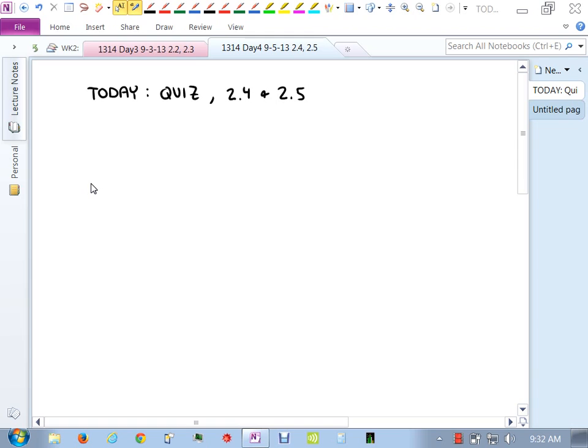So please just get out a sheet of paper. You can have a calculator. And that's it. You ready? So you're just going to copy the problem off the board and you're going to do it.